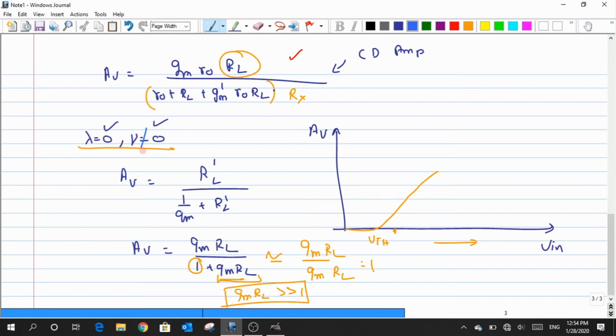Yeah, it comes with RL prime, okay, because as I said before, this RL prime was 1 by Gm, 1 by Gmb, in parallel with, sorry, yeah, so we have this RL and R naught. So you can see that this 1 by Gmb is a factor that is associated with this RL prime, okay. So do not try to put Gm prime here, okay, that is not the proper answer.